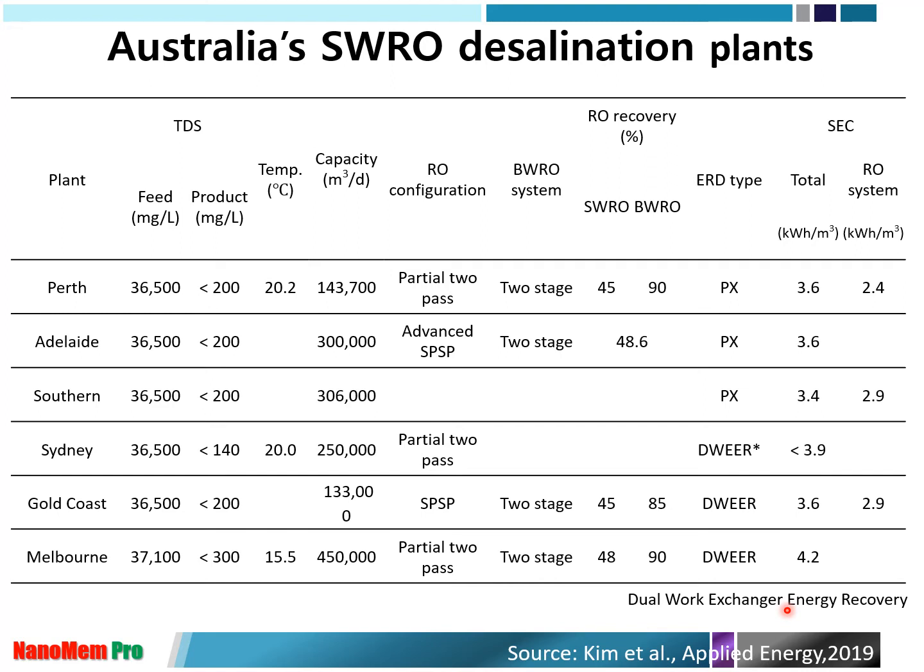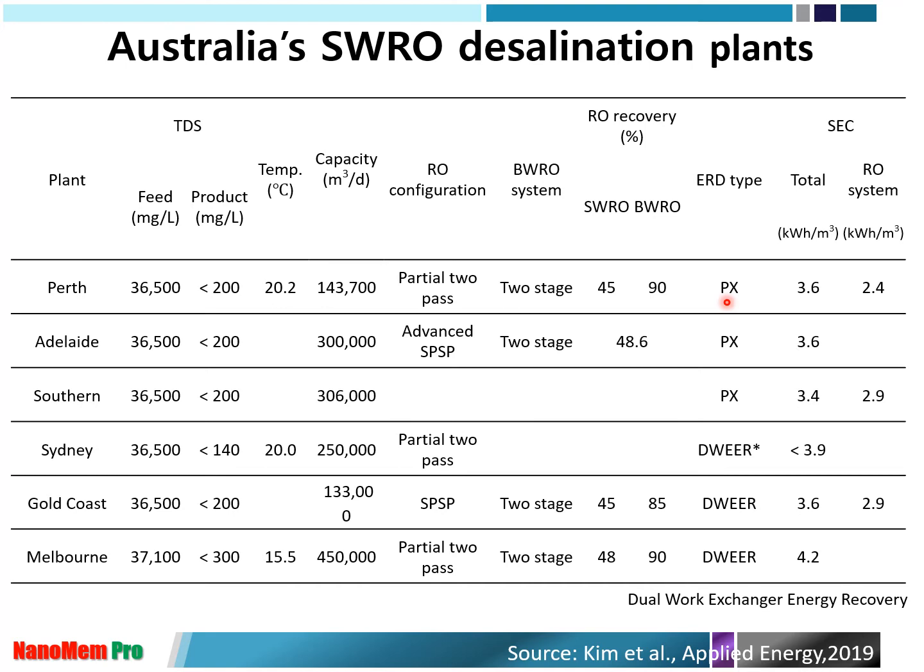These energy recovery devices have their own advantages and disadvantages. Nowadays, the overall efficiency of the pressure exchanger is better than the dual work exchanger, so people are mostly utilizing pressure exchangers, and this is the most recommendable.